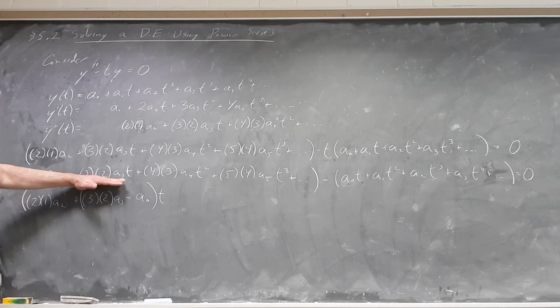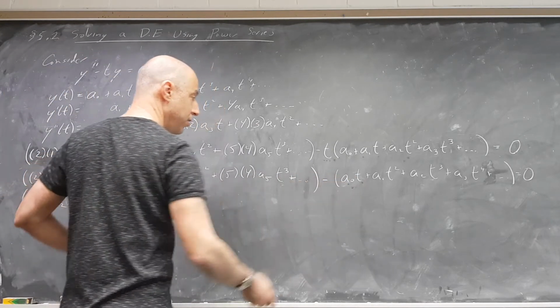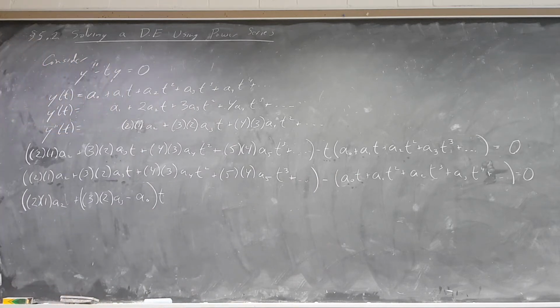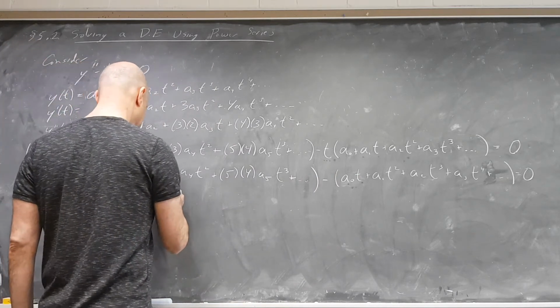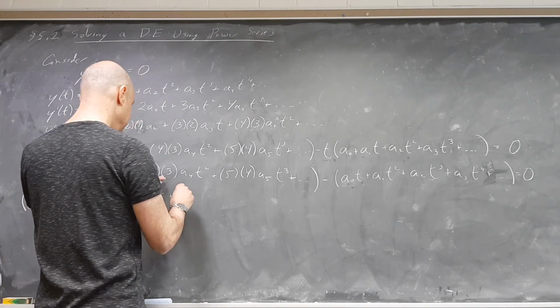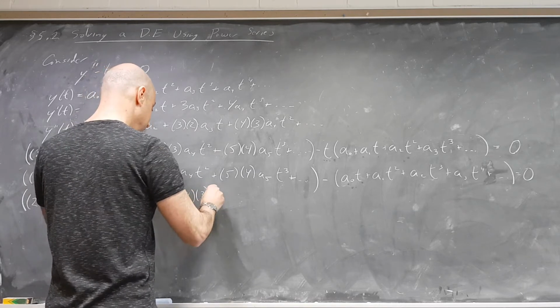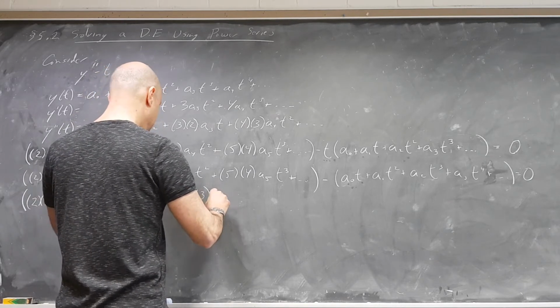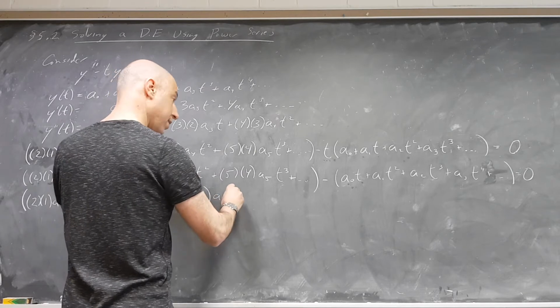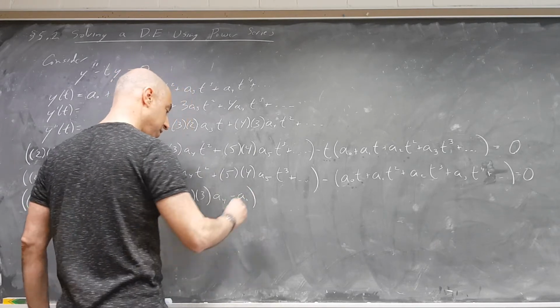So that's this term and this term, assuming I did everything correctly. And the next term is going to be my t squared term. So 4 times 3 times A4 minus A1 t squared.